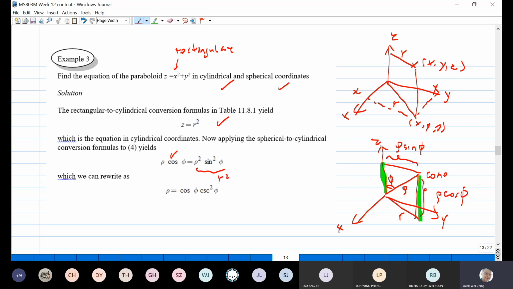Afterward, cancel one of the rho, so I get rho cosine phi equals rho squared sine squared phi. Rewrite the equation: rho equals cosine phi divided by sine squared phi, which gives cosecant phi cotangent phi. Divide this over and you get this equation. So that is example 3.